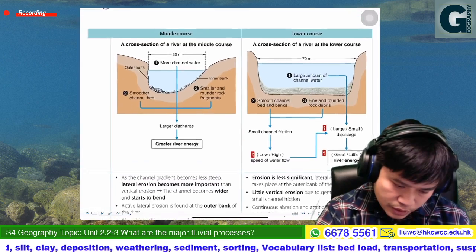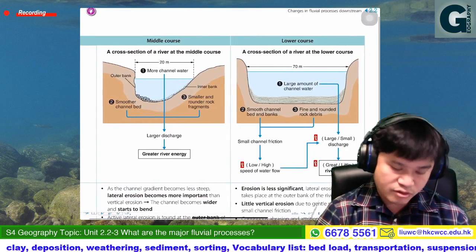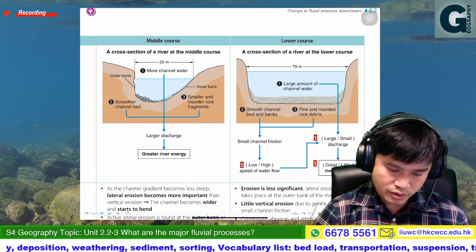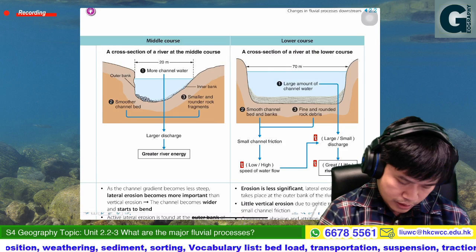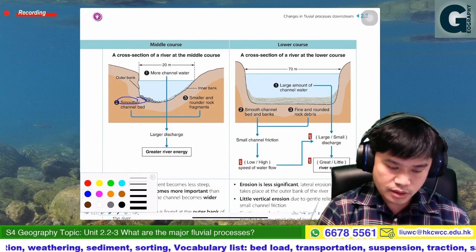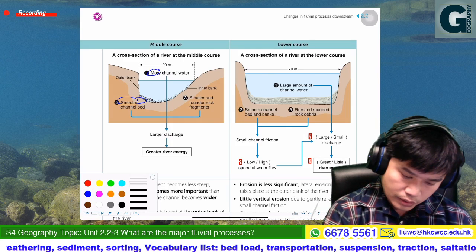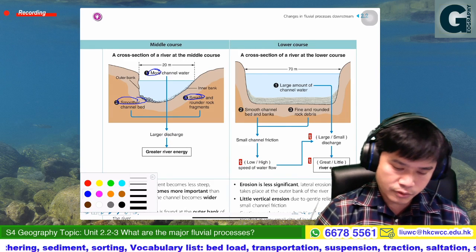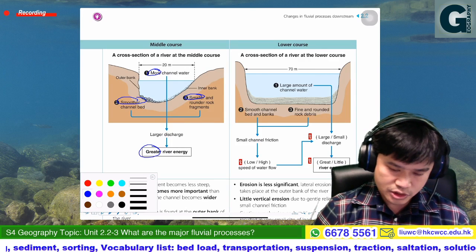Then middle course. Compared to upper course, middle course would have greater river energy. Why? It is because there would be a smoother channel bed, more channel water, and also smaller and rounded rock fragments. So therefore, greater river energy.